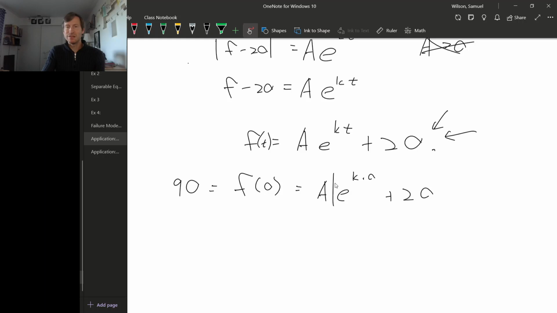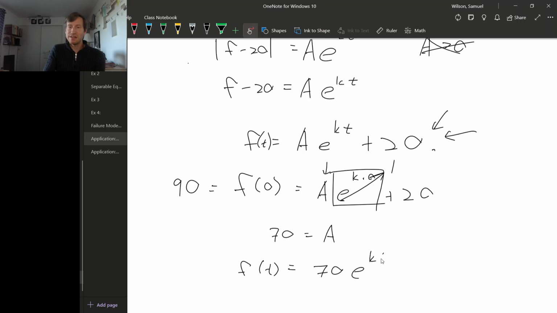E to the 0 is 1. A is the only constant left that we don't know, so we solve for it. Subtract 20 from both sides, and we get A is 70. So f of t is 70 e to the kt plus 20.